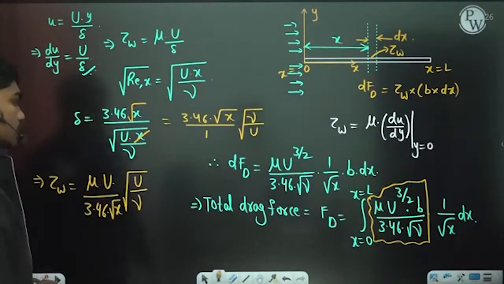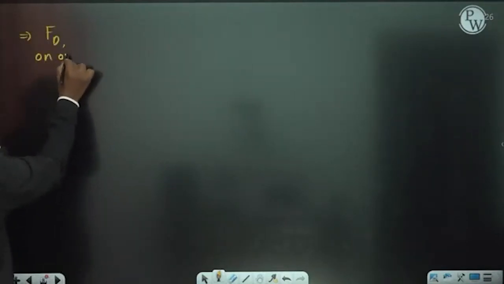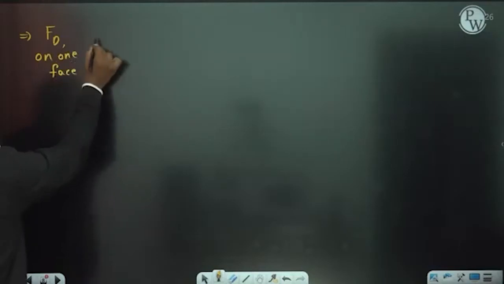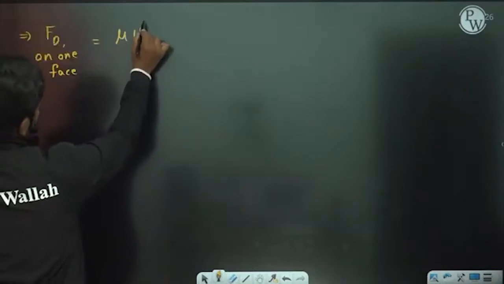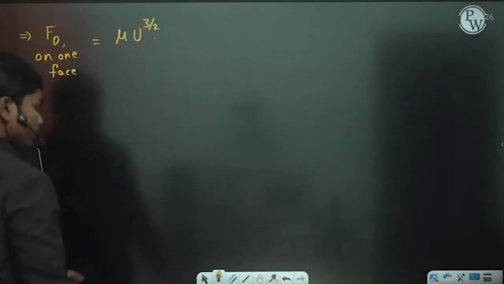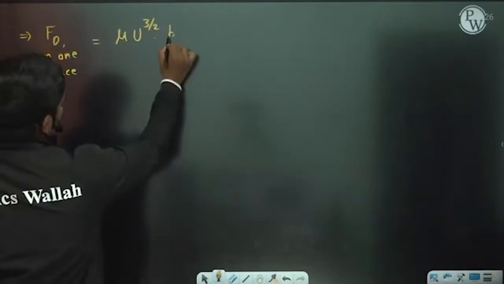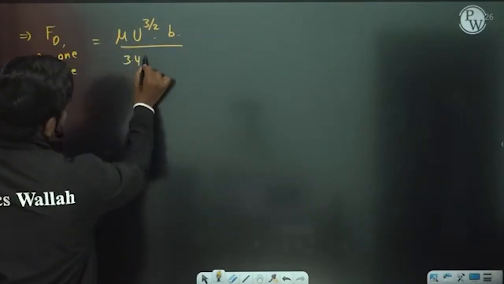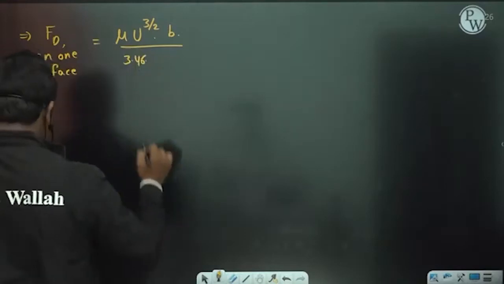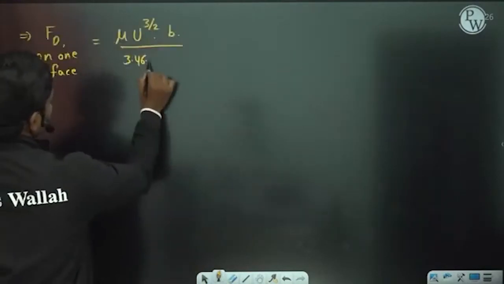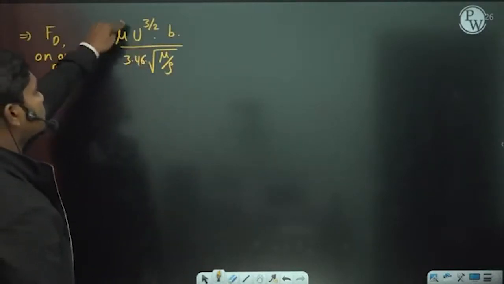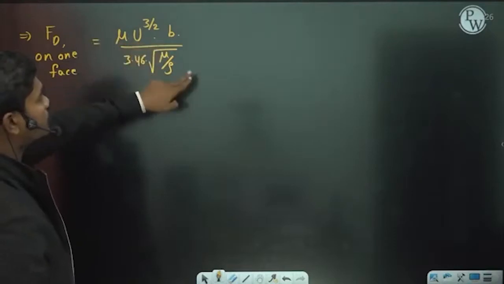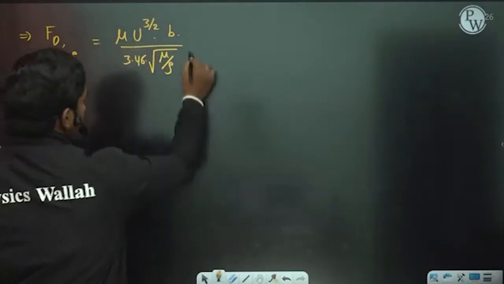So F_D, on one face, of course we are calculating on one face, is equal to mu U^(3/2) into b by 3.46 into, this kinematic viscosity we can write as square root of mu by rho. If you write this, you cancel the square root once and get the square root of density into mu, correct? Anyhow, let us see that later.